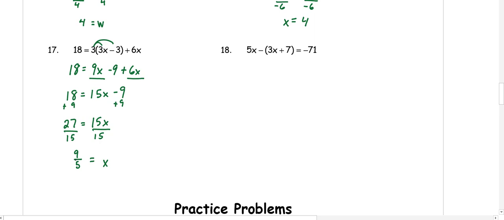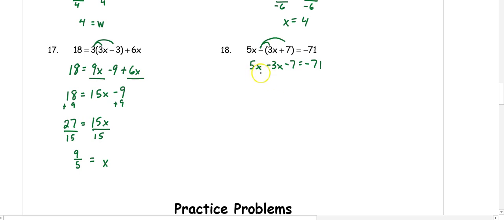Number 18, 5x minus parenthesis x, 3x plus 7 equals -71. So the first step is we need to distribute the negative sign into the parenthesis because that's what's touching our parenthesis. We do not want to distribute the 5x. So we get 5x minus 3x minus 7 equals -71.